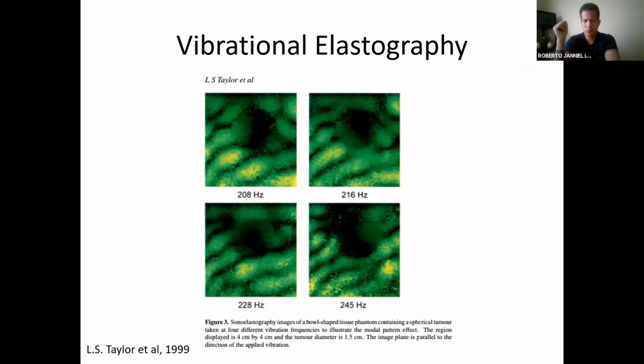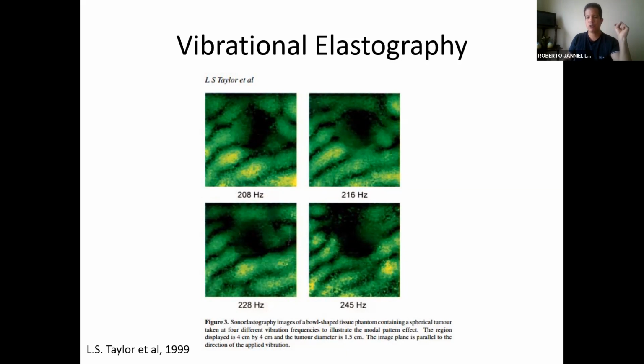And this, for example, would be sonoelastography, which is a type of vibrational elastography. It's a similar idea, just that instead of sending a transient, you send a continuous vibration. It's very neat because it applies a technique that's also described in your material, which is power Doppler.